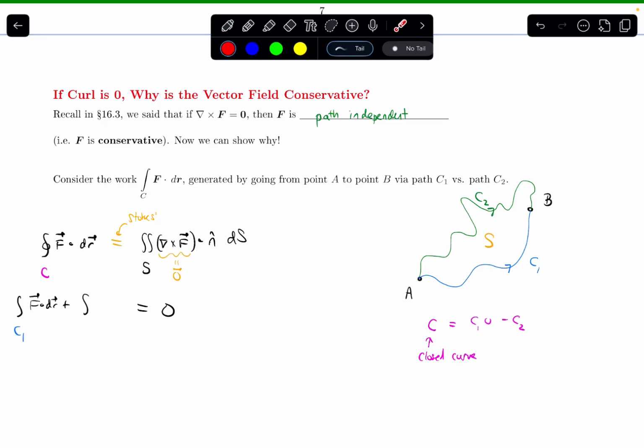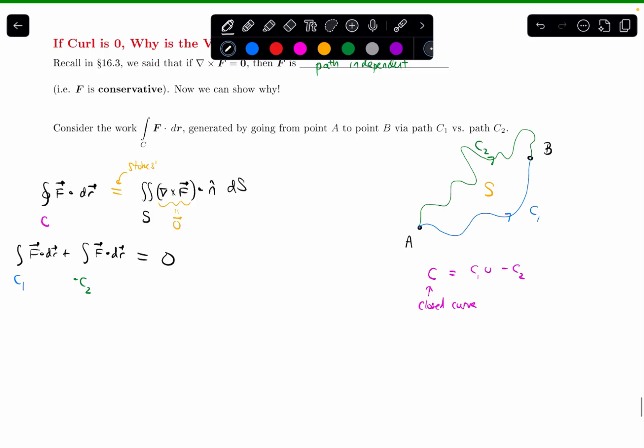But the second part, we're going in the opposite direction of C2, and we are calling that negative C2, of my vector field dot dr. The first integral stays as it is, over C1 of f dot dr. But what I want to notice is when we're traveling along this curve negative C2, that's going to be the opposite of the work that I would get if I traveled along the forward direction of C2. So the way that I write that is I have to switch the sign of the integral, as a minus, and then integral over now the forward direction, just C2, of f dot dr.